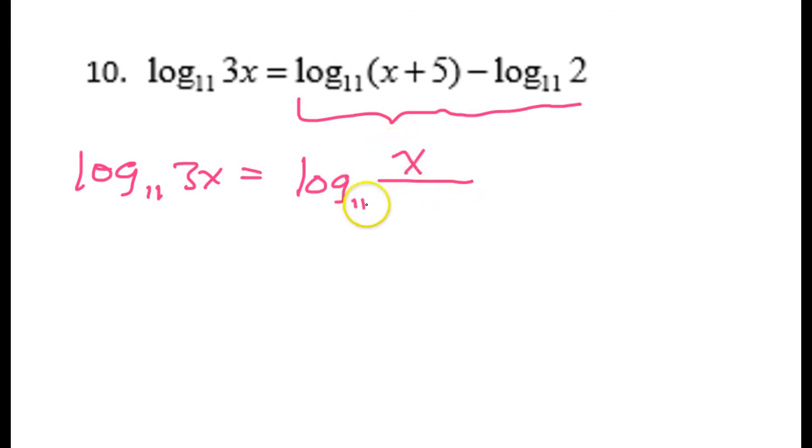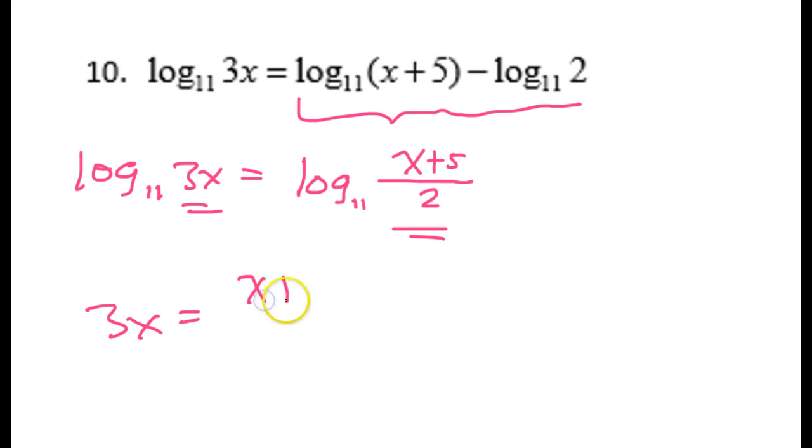This would be the same thing as log base 11 of x plus 5 over 2. All right, that's your quotient rule. So now that we have the log base 11 on both sides, the argument, the stuff inside the logarithm, must be equal. So 3x must equal x plus 5 over 2.